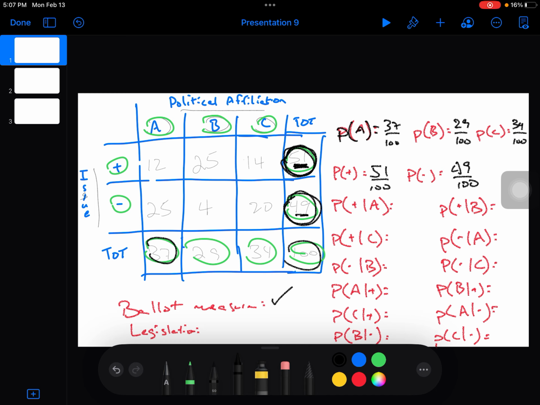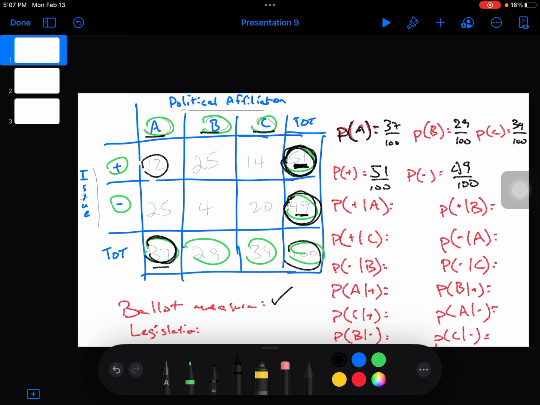But depending on the balance in Congress of all the three different party affiliations, whether it passes or not may depend on the proportion of people in each party who would vote for it or against it.